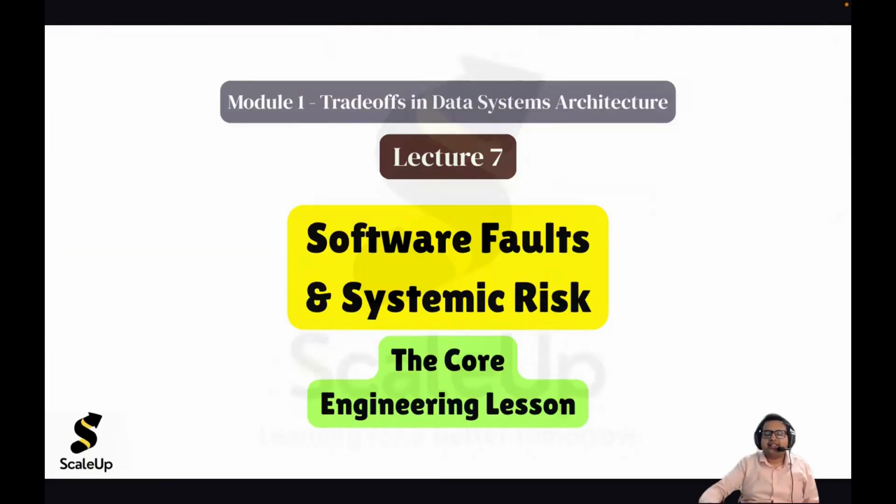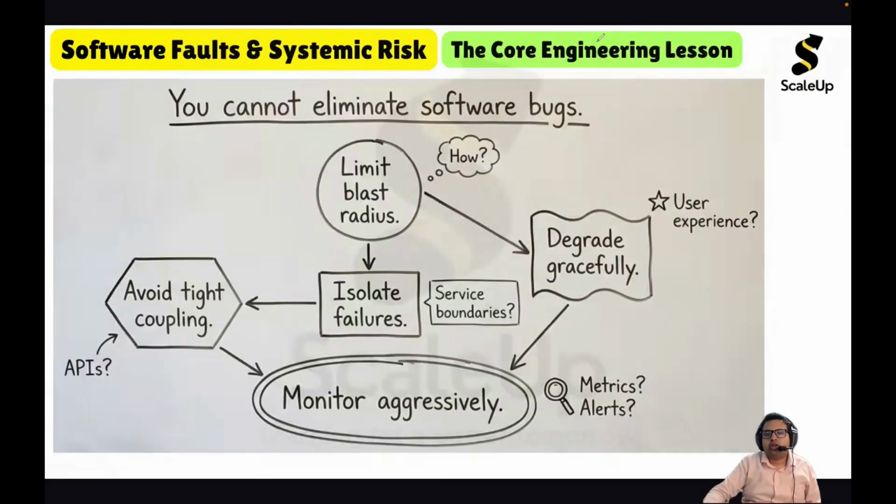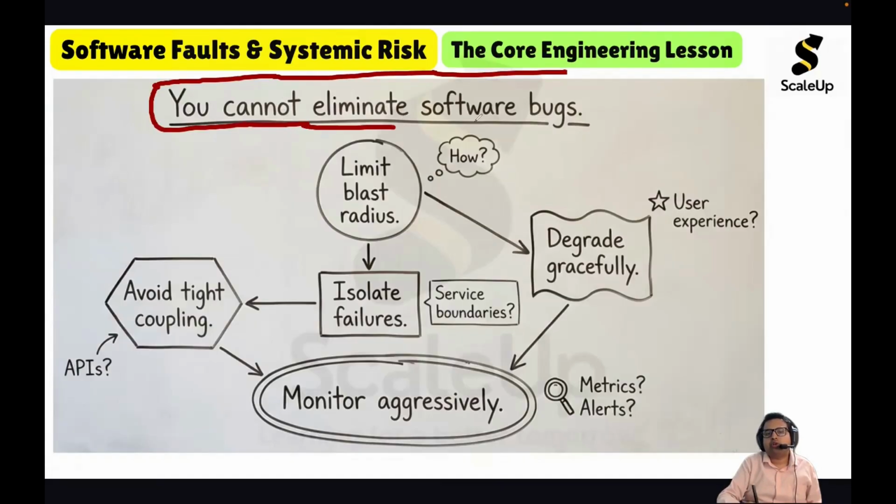The core engineering lesson. A very big lesson we should learn is that we cannot eliminate software bugs. Because in the production environment under heavy load, the software will encounter so many bugs and race conditions you might never have imagined.